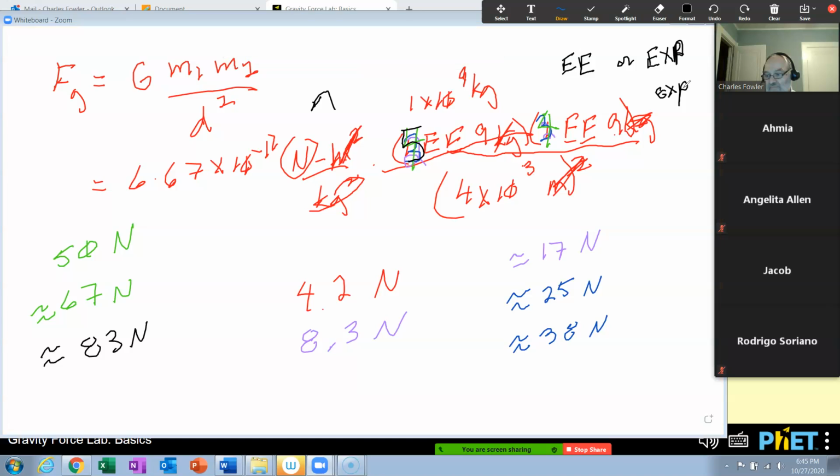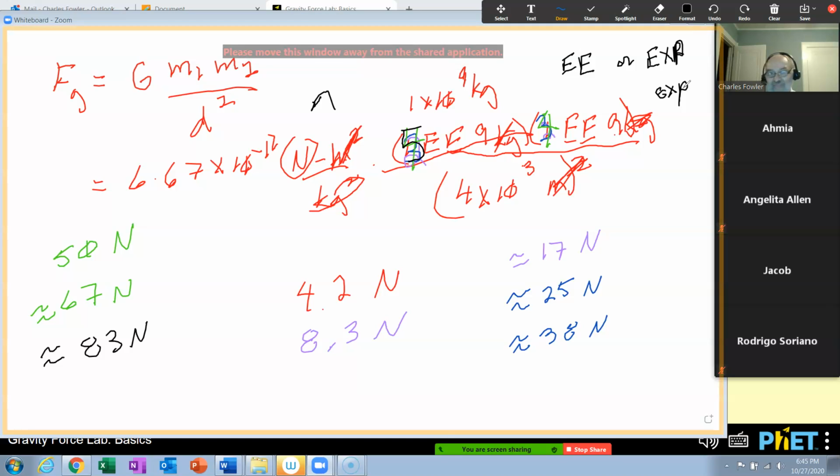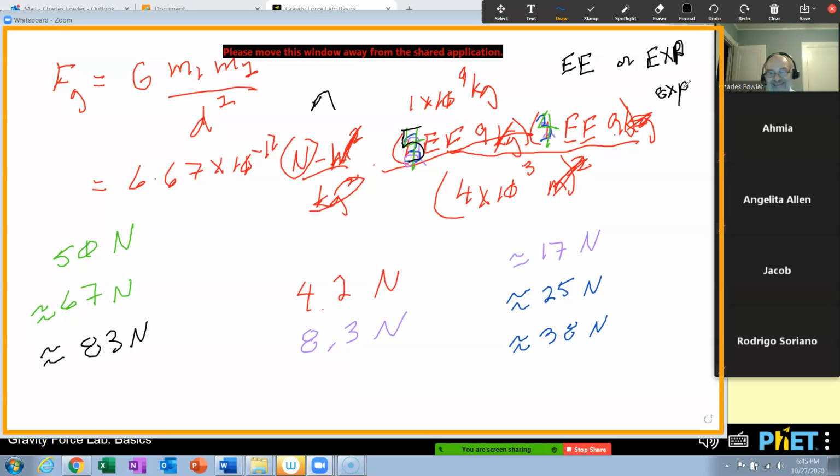Trust me, I'll figure it out. I know my equations, so I'm putting my equations together. I would eventually figure it out. It just might take me a little time. And see, a lot of today's lab is getting used to doing scientific notation, dealing with big numbers, doing calculations like this.